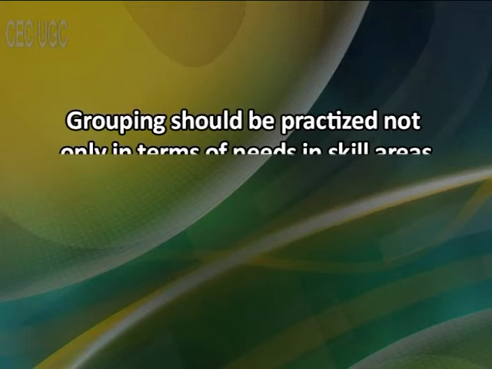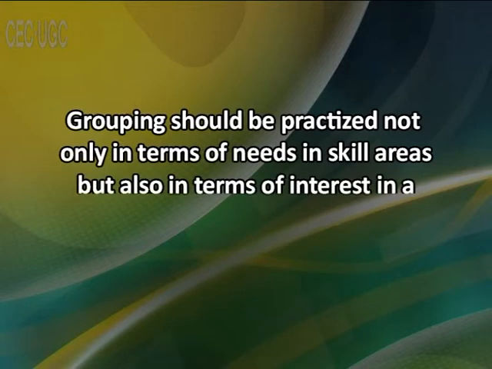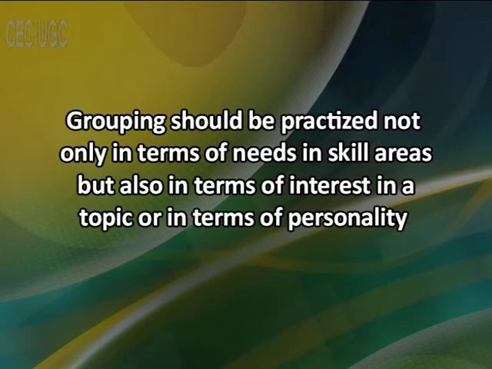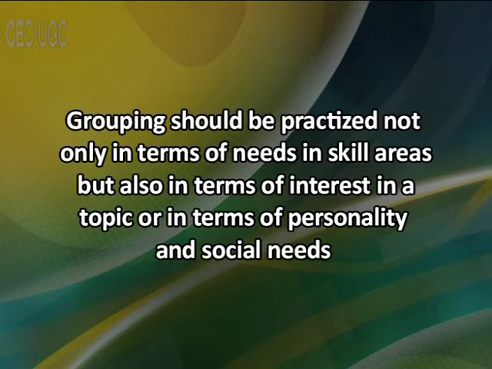Some of the grouping may be continued over a long period. Others may be for a limited time until the need for grouping no longer exists. Grouping should be practiced not only in terms of needs in skill areas but also in terms of interest in a topic or in terms of personality and social needs.